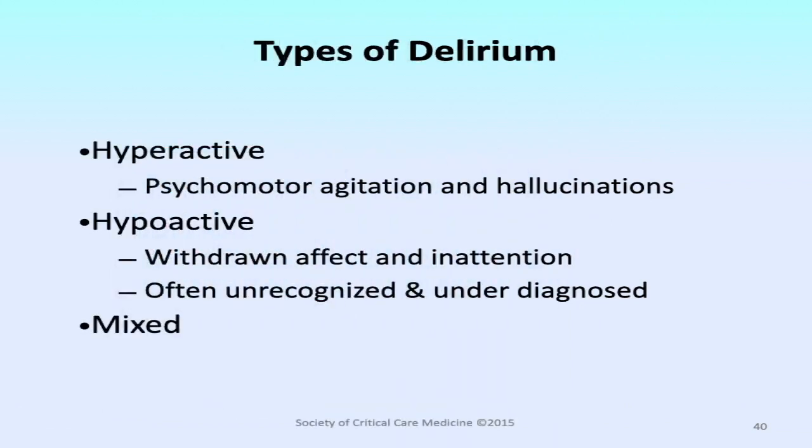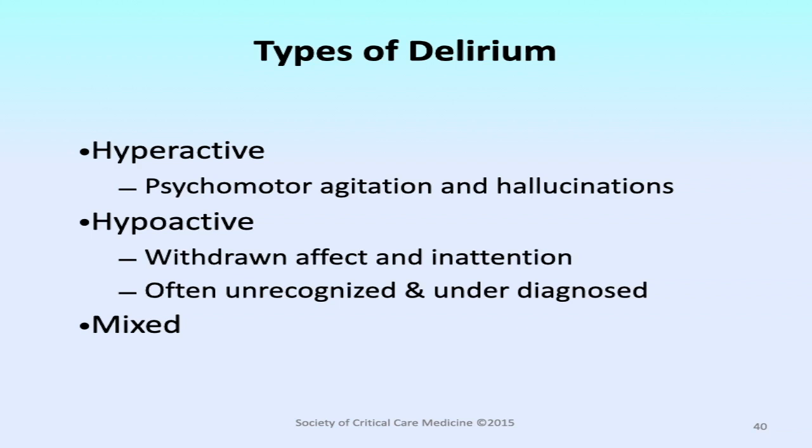Okay, so it's very important to diagnose and recognize, and it has 3 types: hyperactive, which is easy to diagnose, where the patient is psychomotor agitated or hallucinating. The very underdiagnosed one is hypoactive. The patient looks calm, but has withdrawn behavior and inattention, and it is often unrecognized and underdiagnosed.